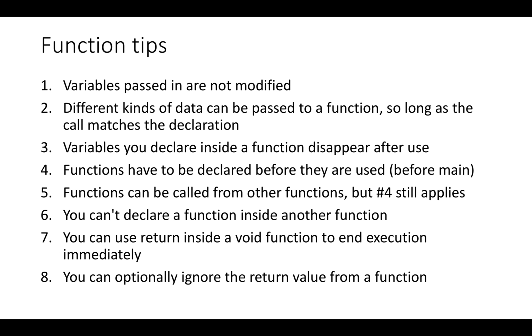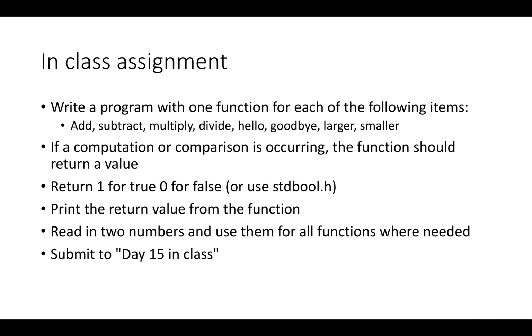So for the rest of the class, what we're going to do is work on this in-class assignment. What I want you to do is write a program with one function for each of the following items. Each of your functions should just be named what each of these things are doing. I'll post this PowerPoint right after I'm done talking here.